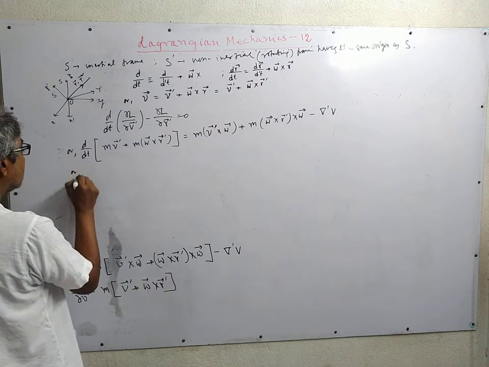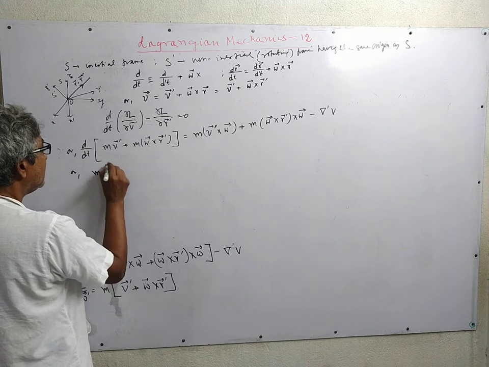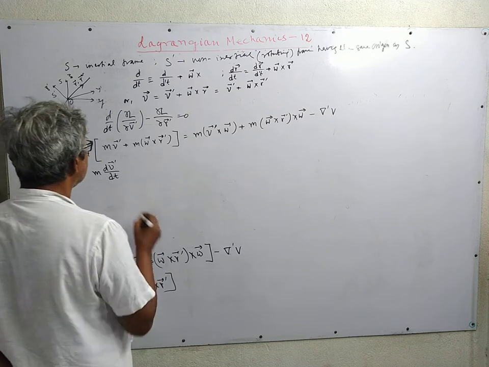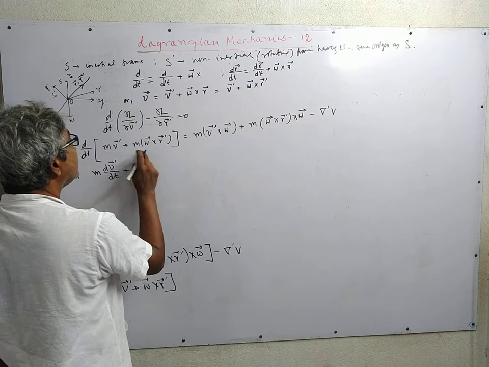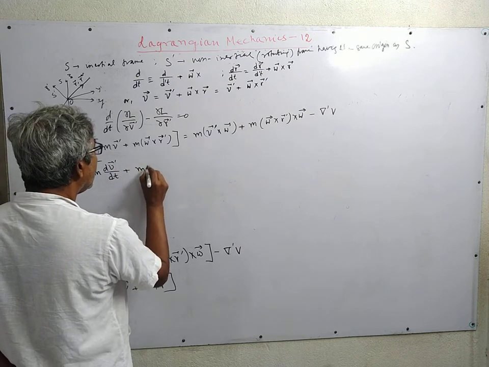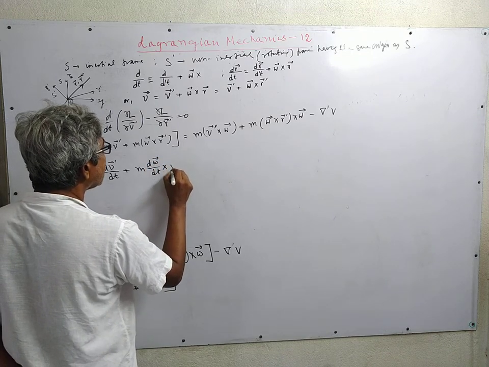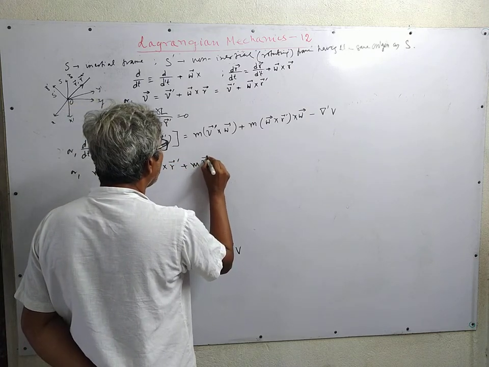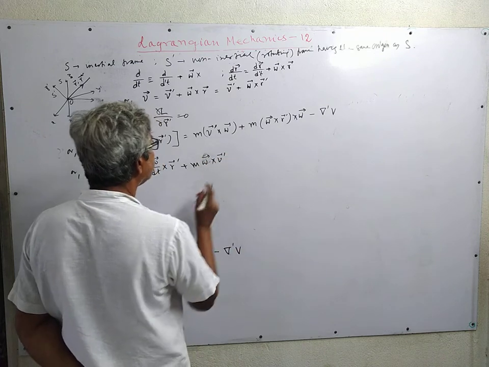One is m dv'/dt. Actually, this time derivative is done in the primed frame. Here there are two terms. One is m dω/dt cross r' plus m ω cross v'.